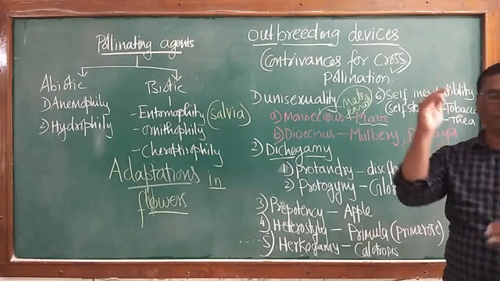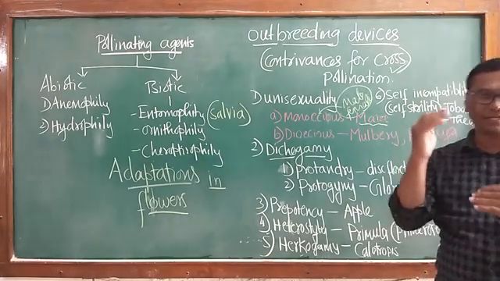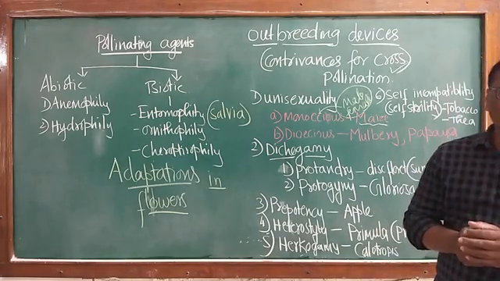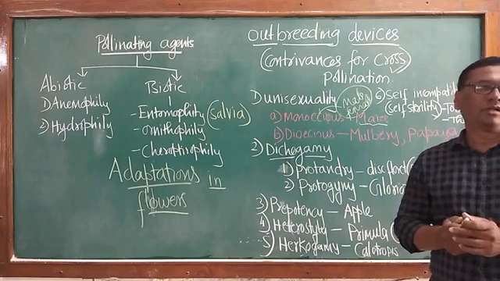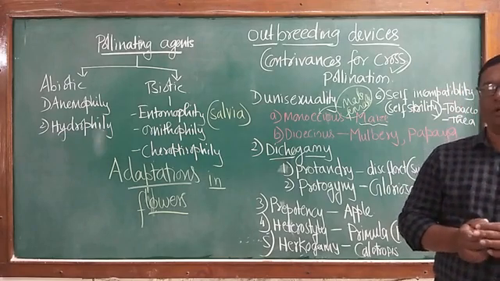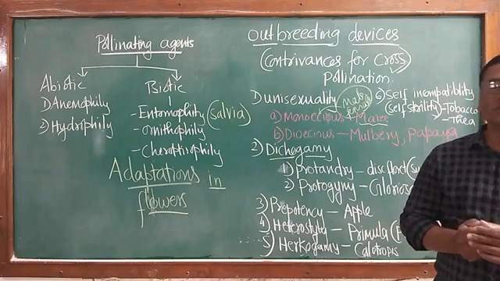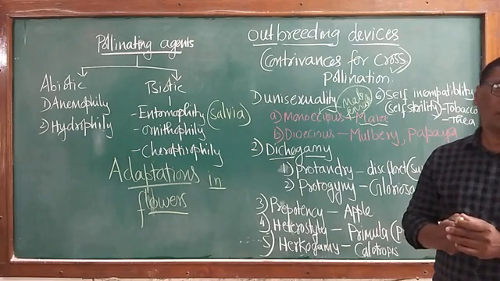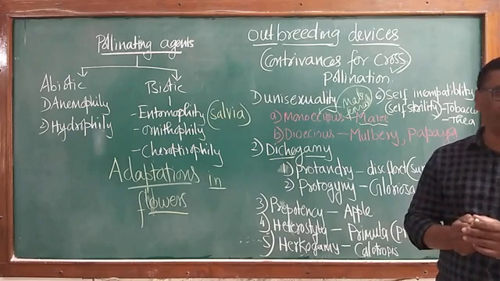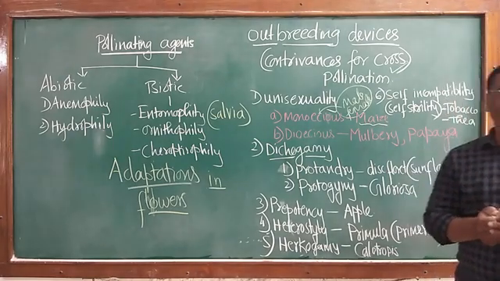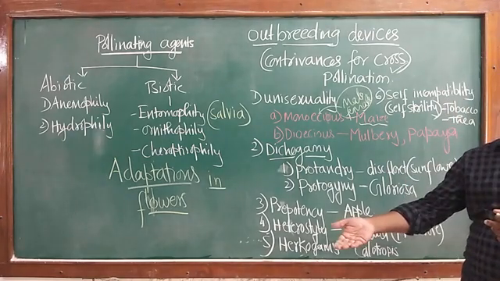Now when male and female flowers are separate on the same plant, such unisexuality also avoids self-pollination and favors more cross-pollination.